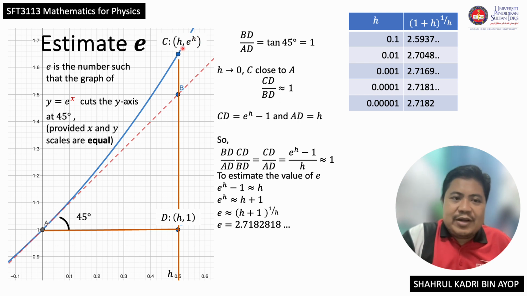This is the coordinate of C. Then we have a point B, extended from this 45 degree slope. BD divided by AD is actually tangent, and tangent 45 is equal to 1.